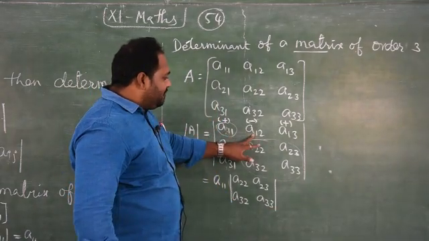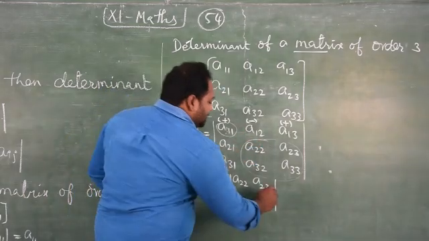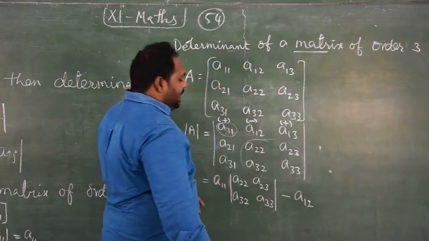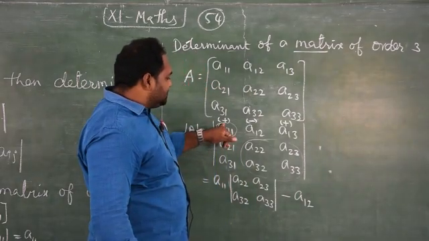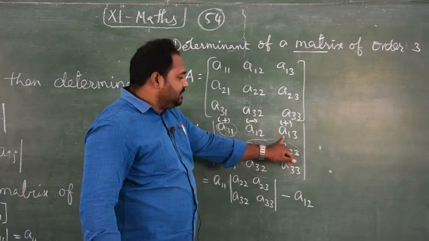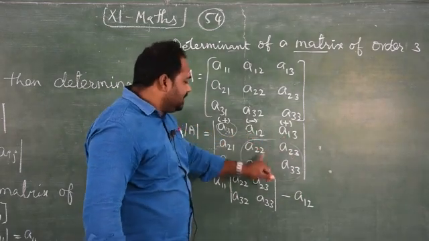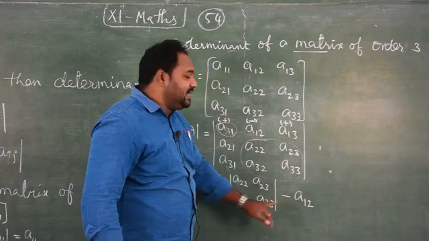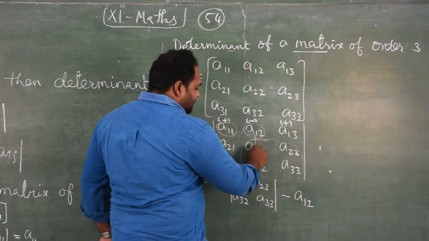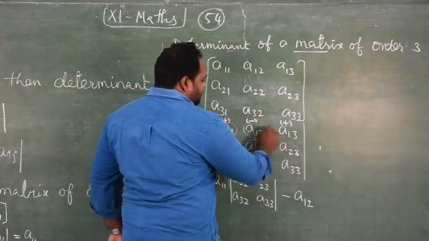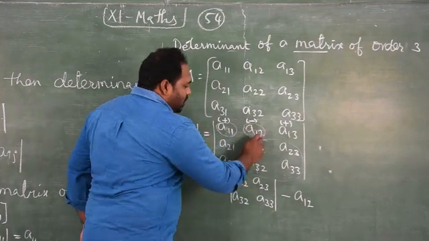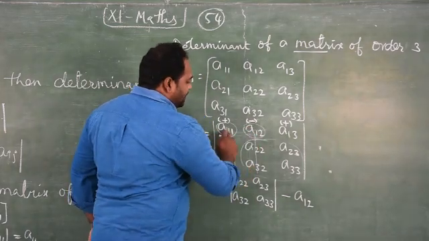Next, go for the second one. Second one, we have to take it in the negative, A12. I told you the procedure is, first we have to take a plus element, second we have to take a minus element, third we have to take a plus element. So second one minus, so I am taking minus A12. Then we are taking this element, so we have to delete this column and this row, because this A12 belongs to this column and this row.